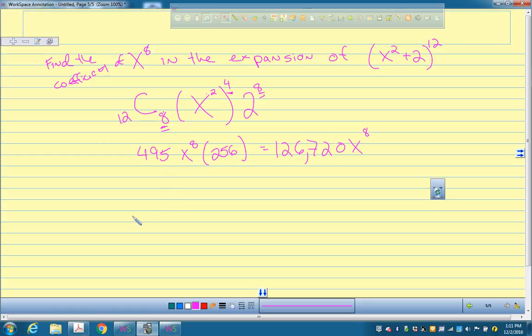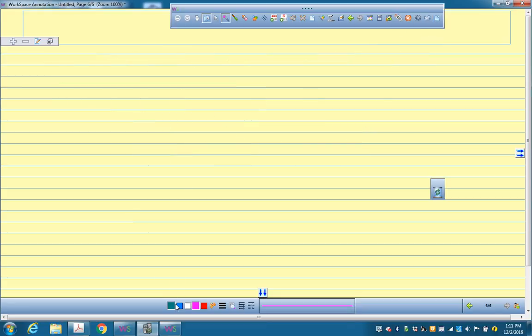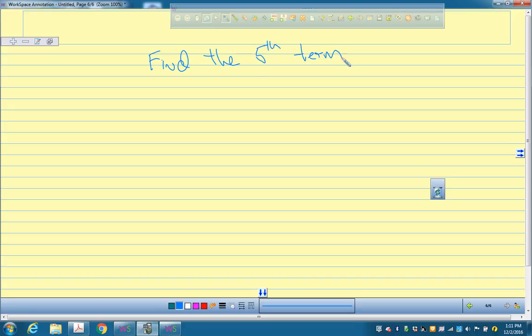Okay, so really quick, they say this. But find the fifth term of 2x minus 3y to the 10th. 2x minus 3y raised to the 10th power.